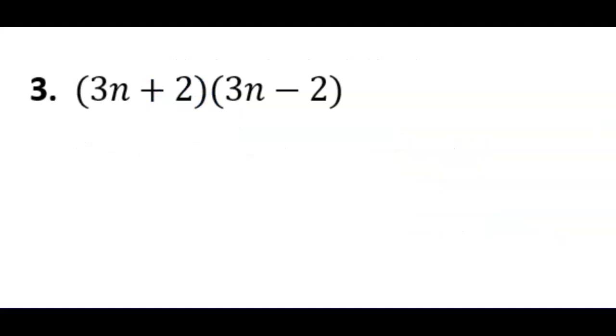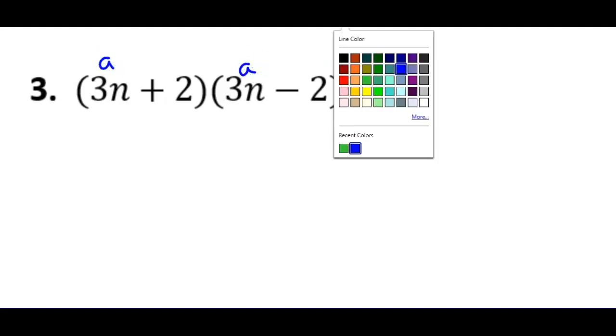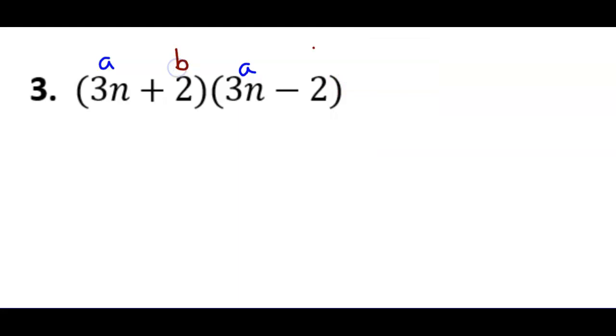You're going to try one on your own, of course. You're going to try the fourth one on your own because we only have 4 examples. So this is my A, and this is my A. And then I have my B and my B. Are these opposite signs?